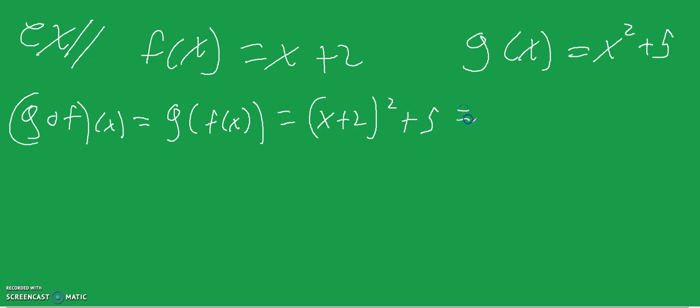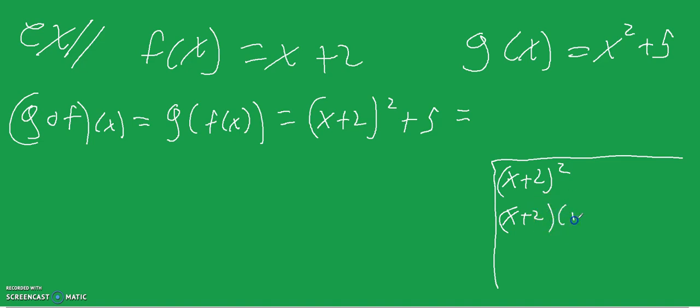Now, I know that x plus 2 squared, I'm going to go do that off to the side just to help you guys out. So x plus 2 squared is the same thing as x plus 2 times x plus 2. And now I got to FOIL this out, and that's going to give me x times x is x squared, x times 2 is 2x, 2 times x is 2x, 2 times 2 is 4.